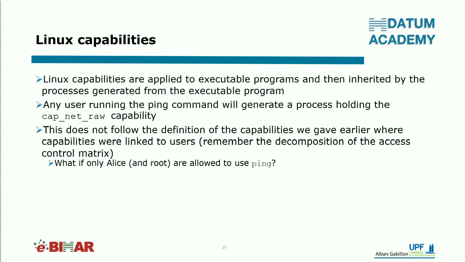So because of this approach, I cannot easily implement a security policy saying that only the root and Alice are allowed to use the ping command. In fact, this Linux system of capabilities is more of a patch to reduce the use of setuid root programs than a real system of capabilities. This is my opinion. I do not know if it is shared by more experienced Linux users than me.